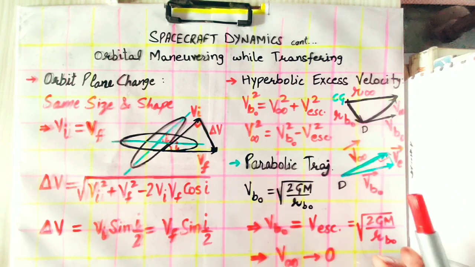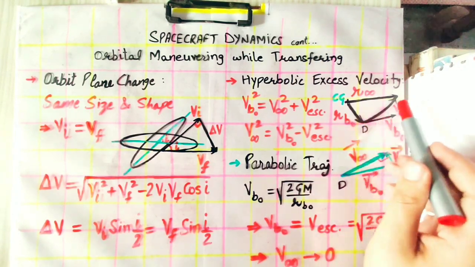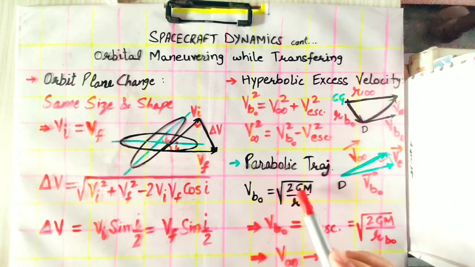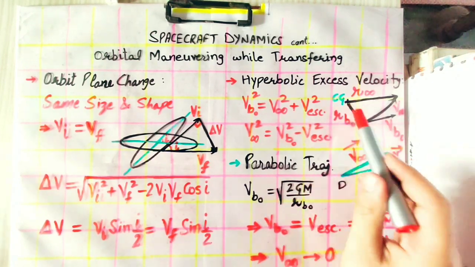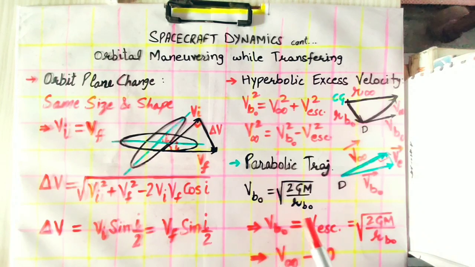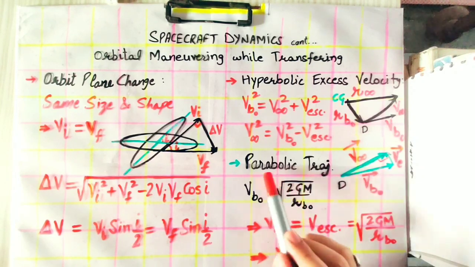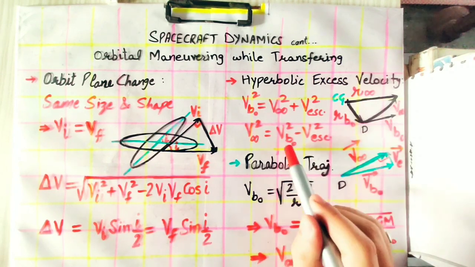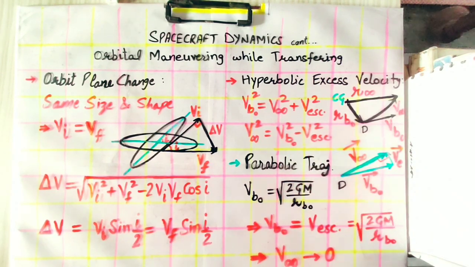And if we talk about only the parabolic trajectory of the spacecraft in space, then we will have VB naught at point D equal to the square root of 2GM by RB naught, because the distance is RB naught, and VB naught will then be equal to the V escape velocity in the parabolic trajectory. We have known this from our earlier lectures as well. Since VB naught is equal to the square root of 2GM by RB naught, V infinity according to this expression tends to 0, that is, there will be no excess velocity to keep on moving in free space.